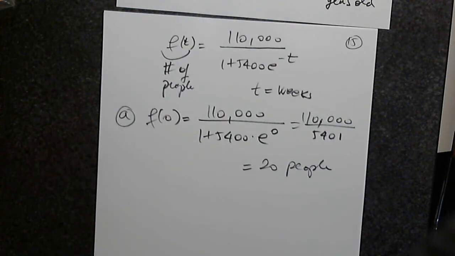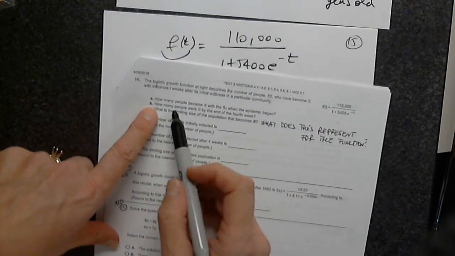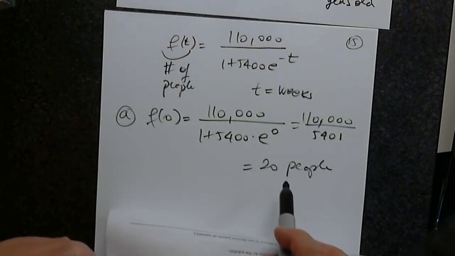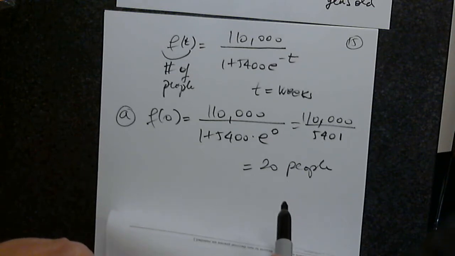Now if it's dollars, I would say 20.36, right? But if it's number of people or rabbits or whatever, bats, I can't. Even if I get 20.9, I will still say 20 because the 0.9 doesn't make another person.